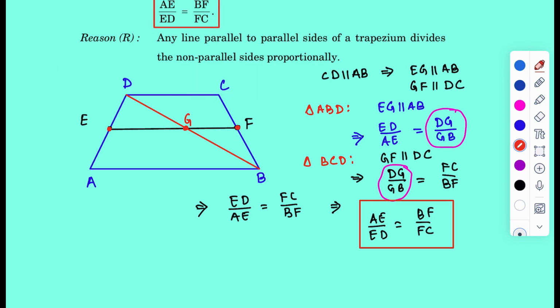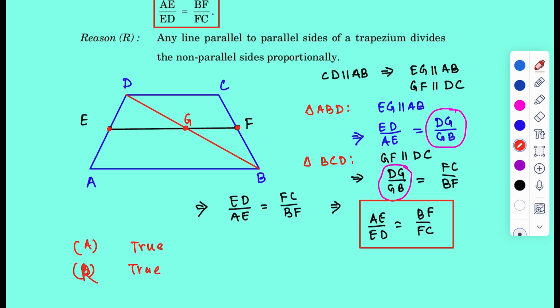Now for the reason: any line parallel to the parallel sides of a trapezium divides the non-parallel sides proportionally. This is also true. That means A is true, B is also true.